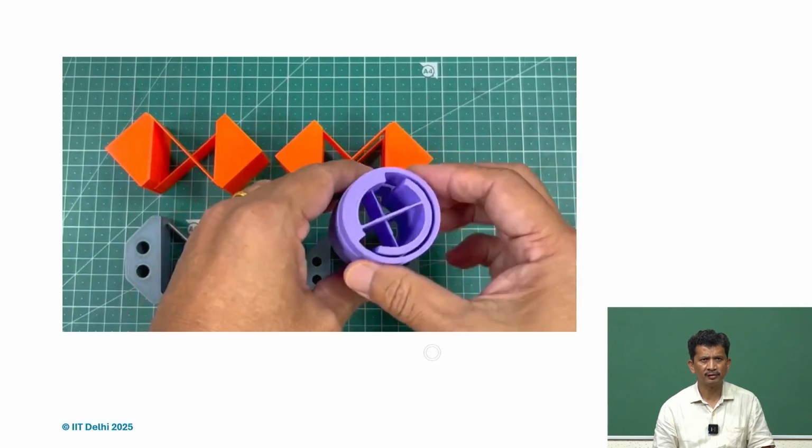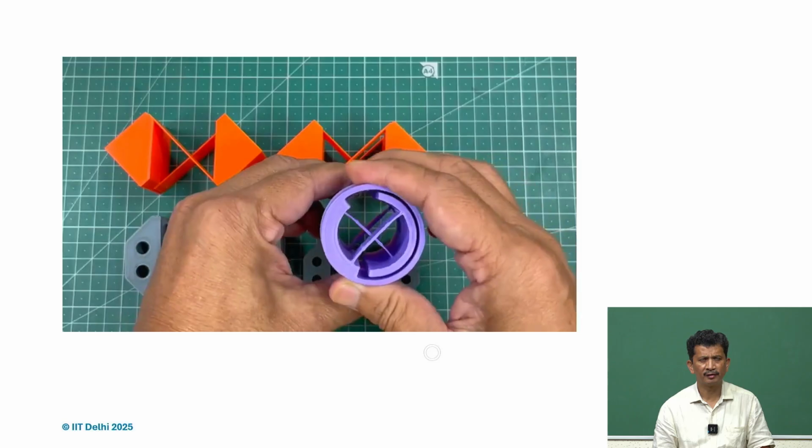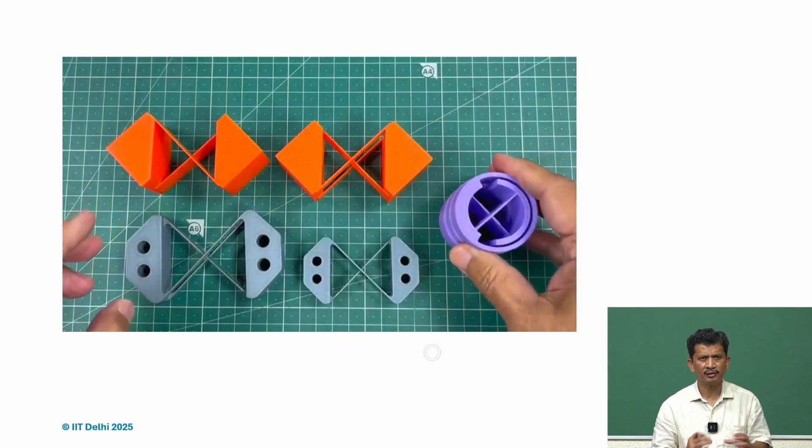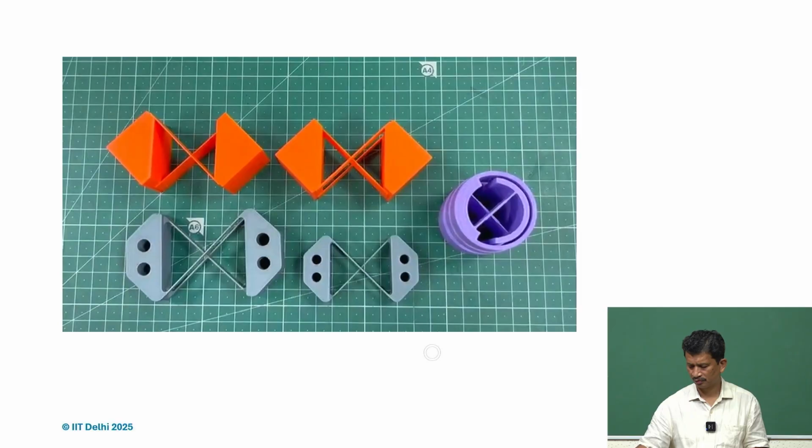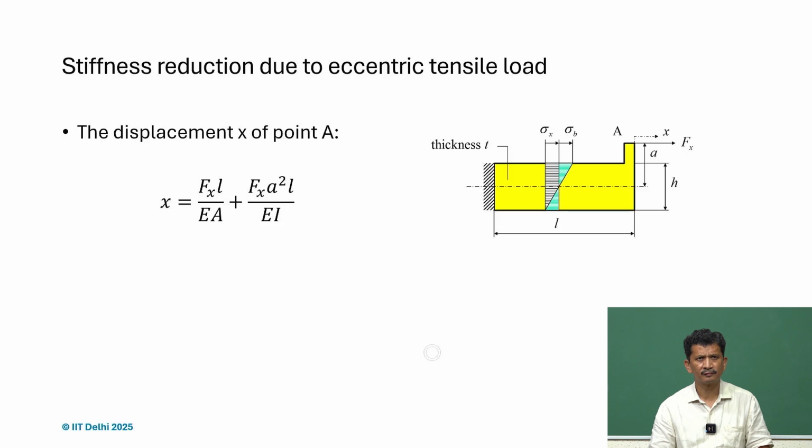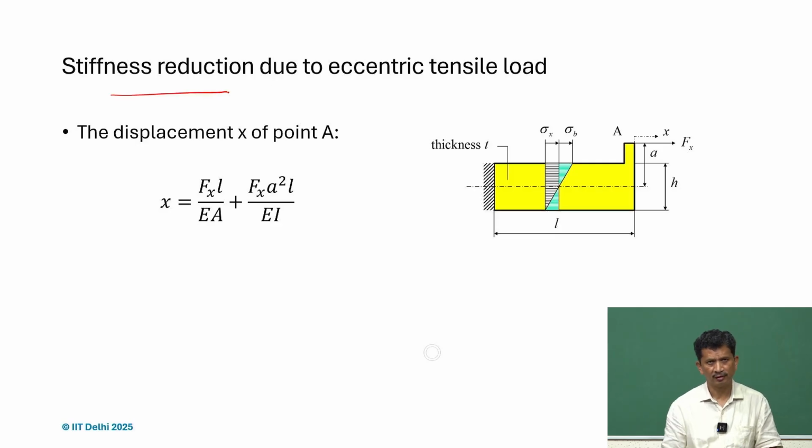We can also get it in a tubular form, and then it can be easily used in any kind of circular cross sections. So very easy these days. So in order to understand why the stiffnesses are different, why there is a stiffness reduction in the bearing direction, in the axial direction, due to the eccentric tensile load, just consider this case.